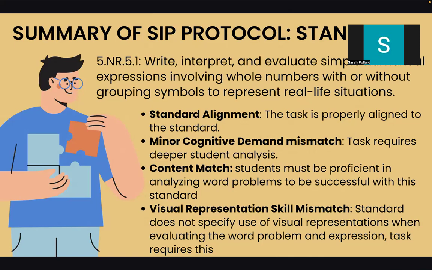The content in the task and standard do match, but the students must be proficient in word problem analysis and also knowing what operations match the word problem accurately. So they need to know the keywords and what keywords mean the operation of multiplication, what keywords mean the operation of division or addition or subtraction. So the skill components do match, but the standard does not specify the use of visual representation when evaluating the word problem and the expression.